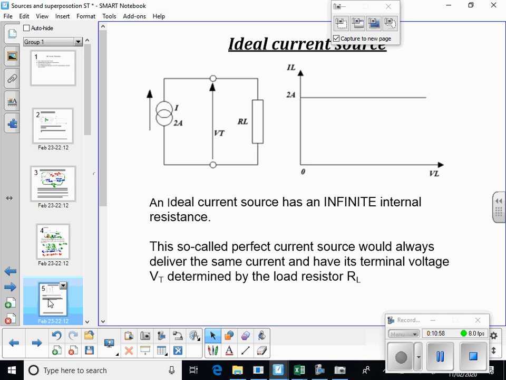Again, in real life, that isn't achievable. You can't get an ideal current source. You can get a controllable current source that will do that within certain parameters up to a certain maximum, controlled electronically, but you cannot get an ideal current source, and can't get an ideal voltage source either.